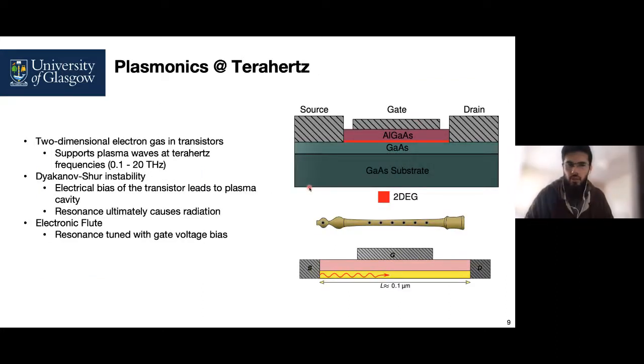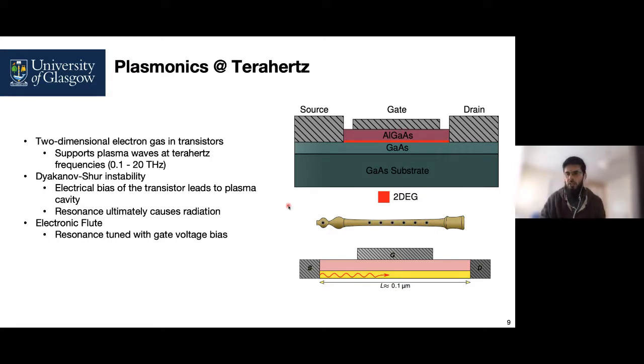Now, those nano antennas or plasmonic devices, as we mentioned earlier, exist at terahertz frequencies. They are commonly found in semiconductor devices such as the one we see on the top right, which is a general schematic for a field effect transistor.